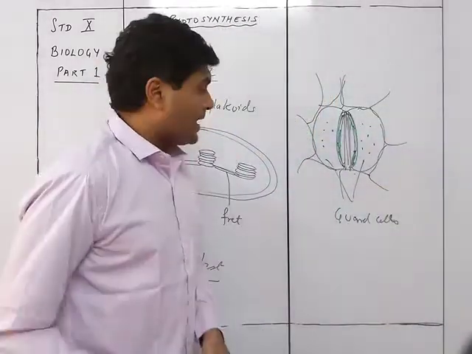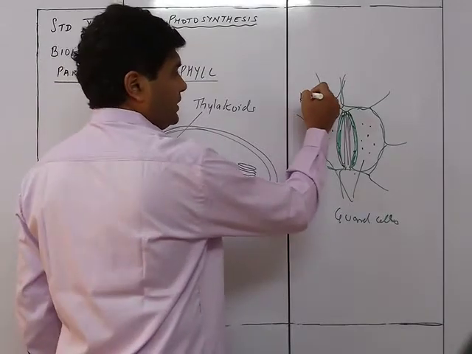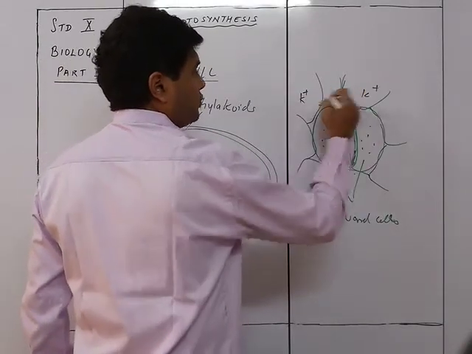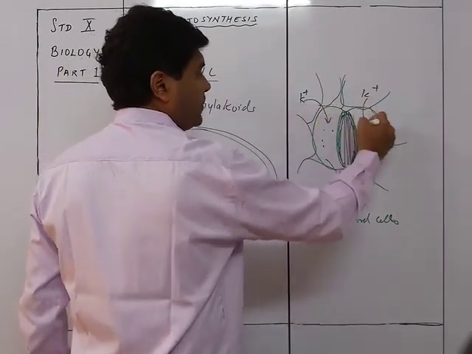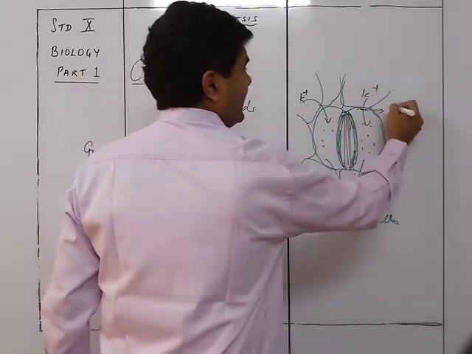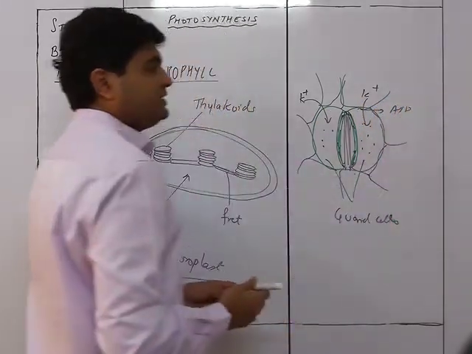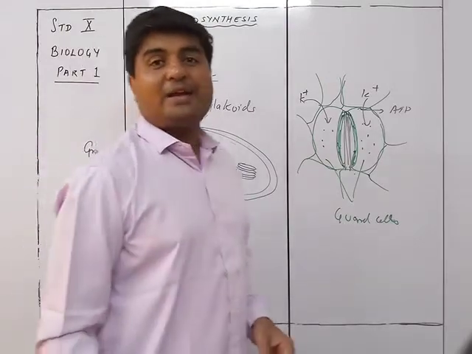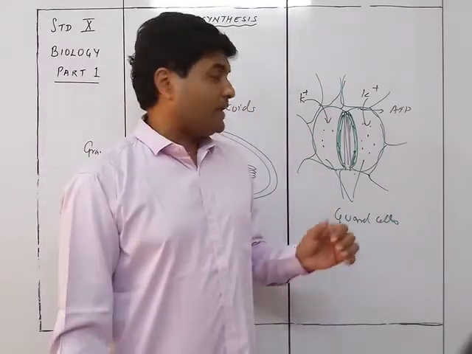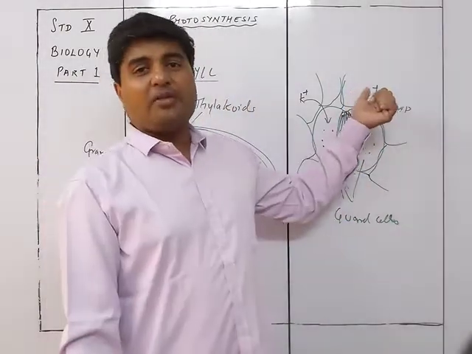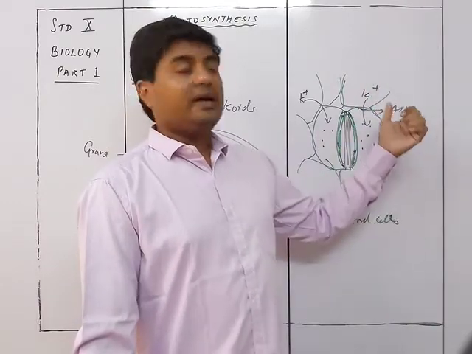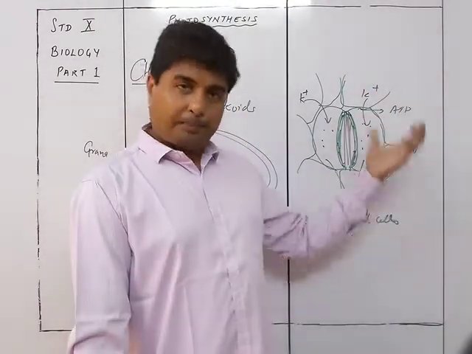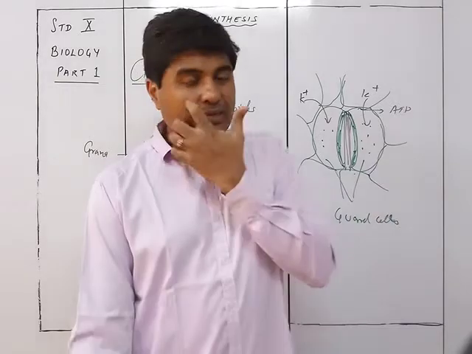So the K plus ions from here are going to be actively put inside like this by using ATP. That is why we call it active transport, in which the K plus ions from the neighboring cells are pumped into the guard cells.